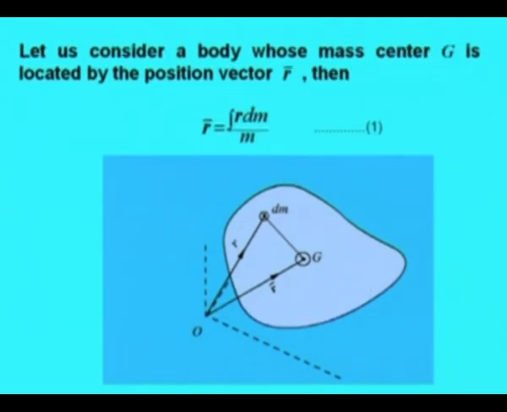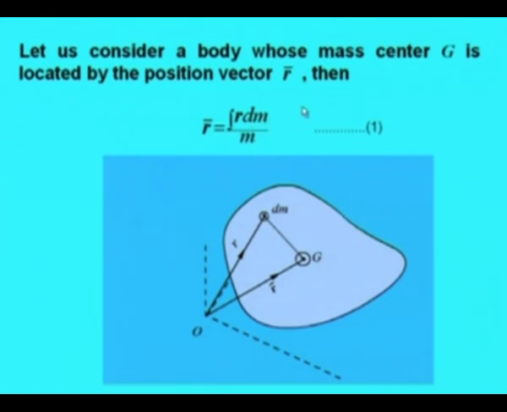Now we apply Newton's law. Let us consider a body whose mass center G is located by the position vector r bar. Then r bar is equal to the integral of r dm divided by m, where r is written in bold letters, meaning it is a vector, and m is the total mass of the body.